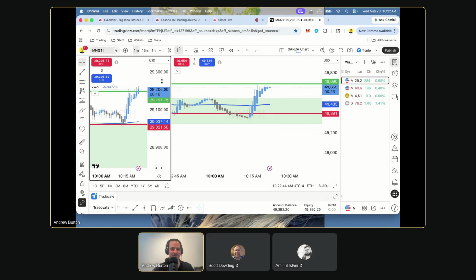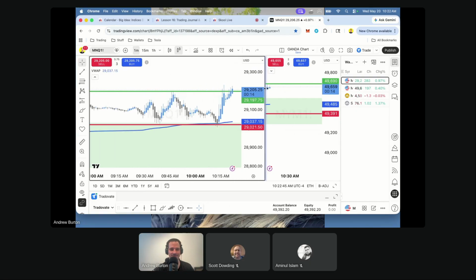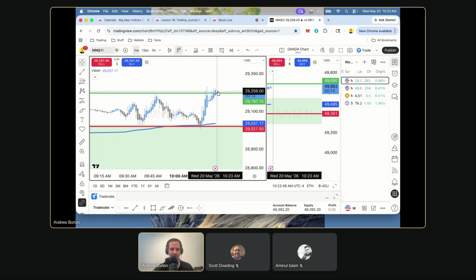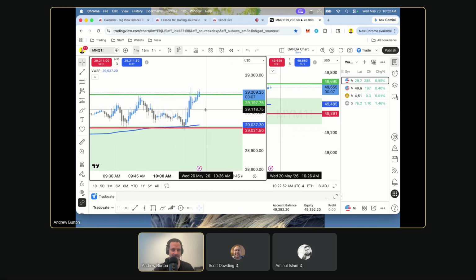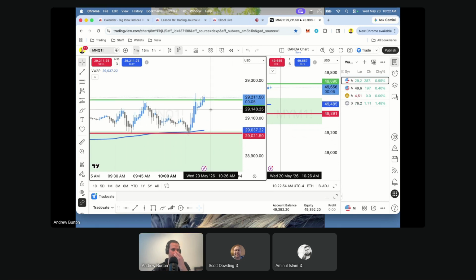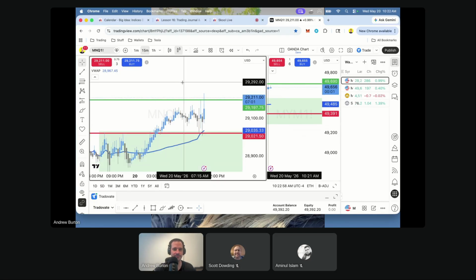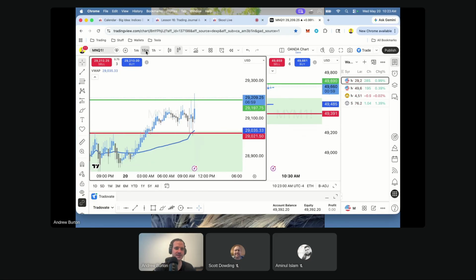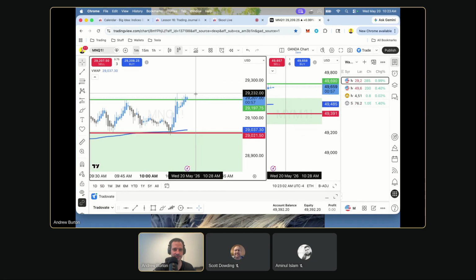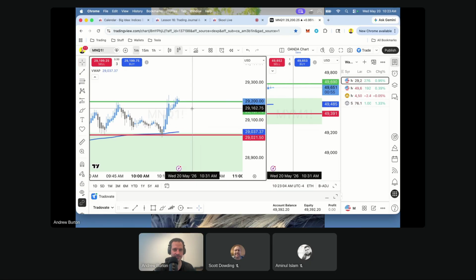Nasdaq is breaking out, so the Nasdaq is probably giving us a long trade here. It's the 1 minute? Yeah. So the Nasdaq's giving us a trade as well, probably for a long position.